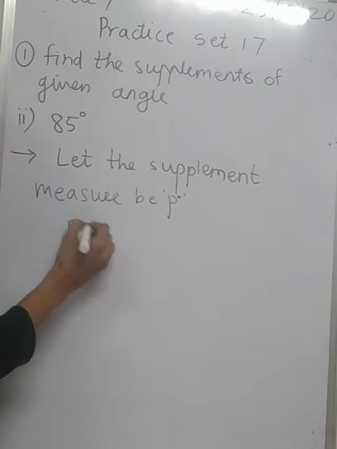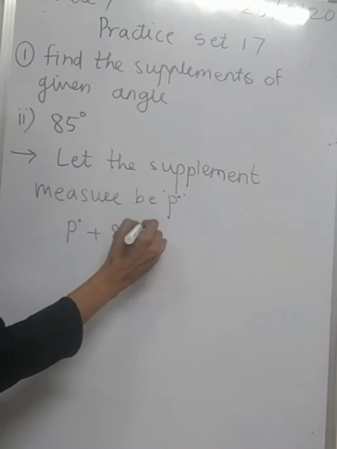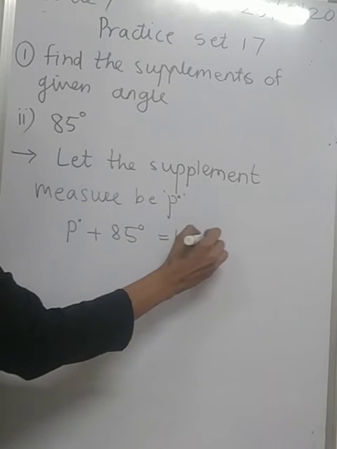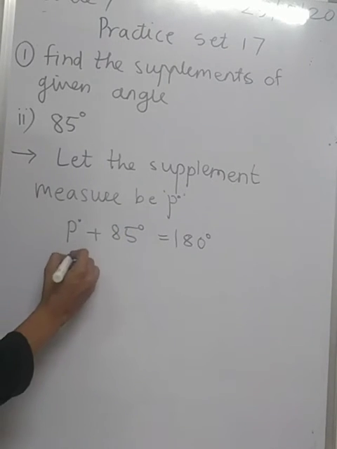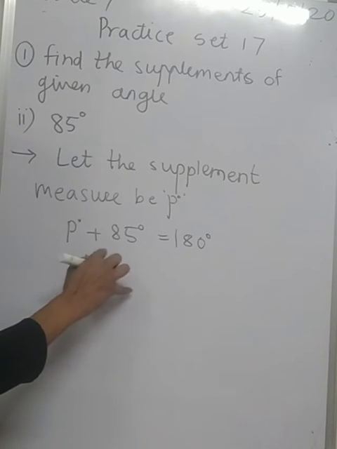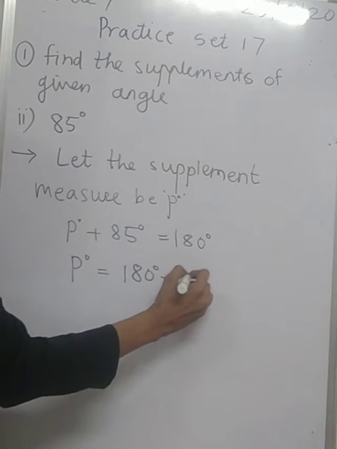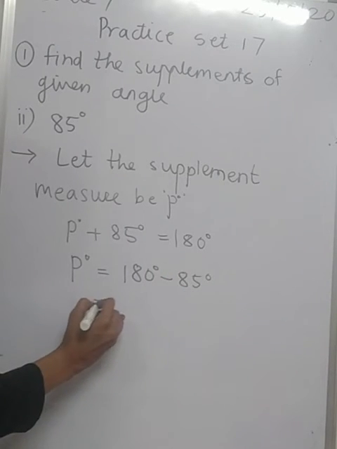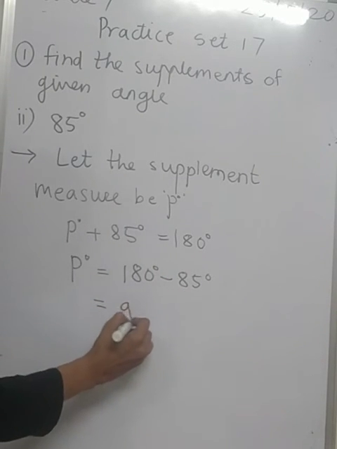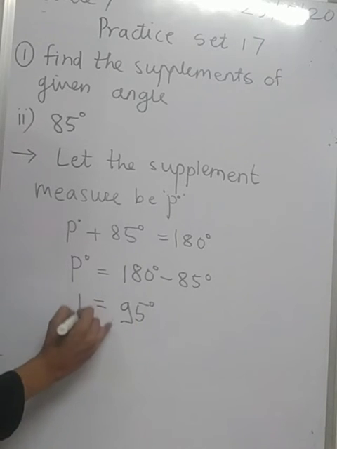So P degrees plus 85 degrees should be equal to 180 because they are supplementary. So for P degrees, this plus 85 will go to that side and become minus 85 degrees. So this will be equal to 95 degrees.